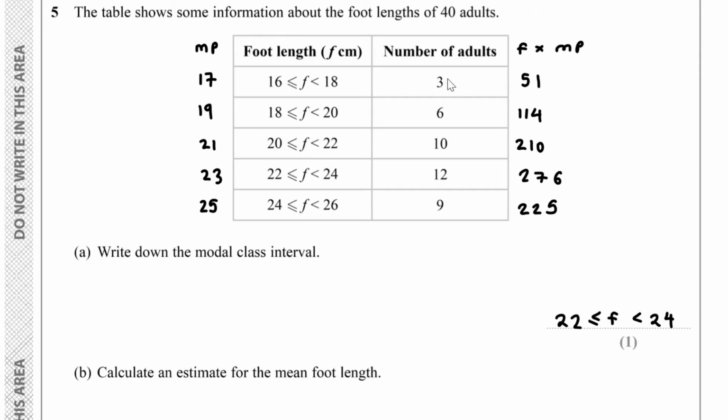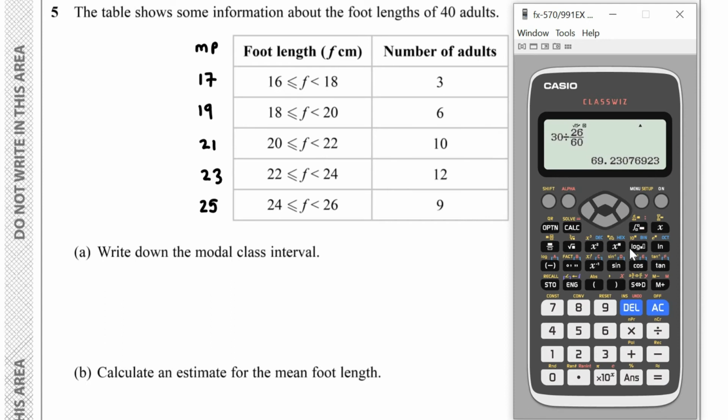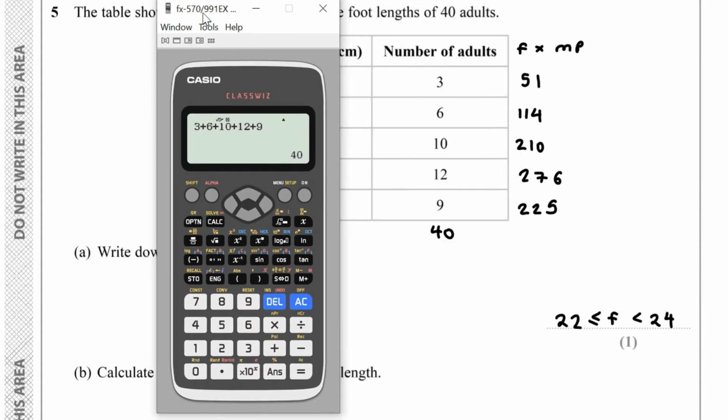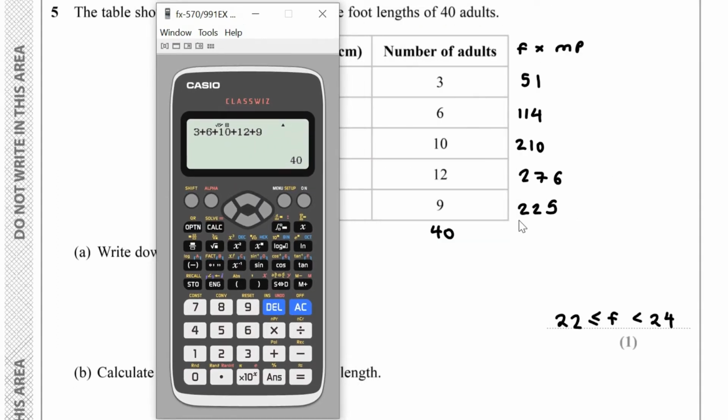Now we need to find out the sum of all the adults. So here we've got 3 plus 6 plus 10 plus 12 plus 9. You'd find this to equal 40. And if we find the sum of these, 51 plus 114 plus 210 plus 276 plus 225, you'd find this to equal 876.